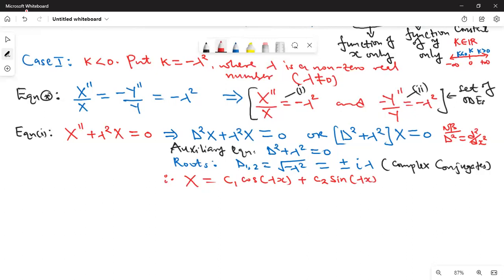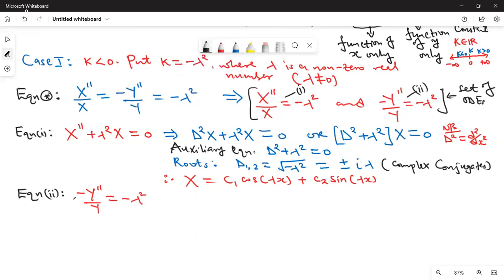Let's see how to solve for y. So equation 2. That equation can be written as, remember, negative y double prime over y equals negative lambda squared.